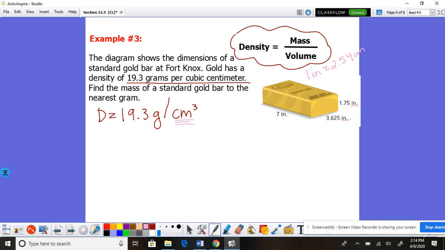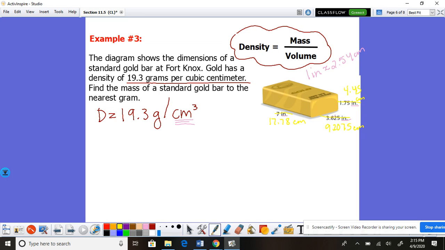So all I'm going to do is multiply each of these sides by 2.54. And when I do, I get 17.78. I get 9.2075. And I get 4.45. And these are all now in centimeters.